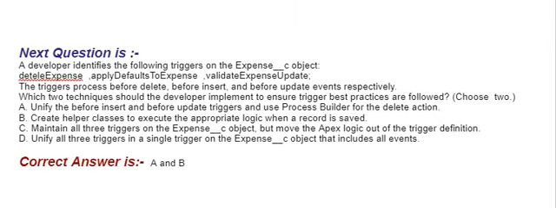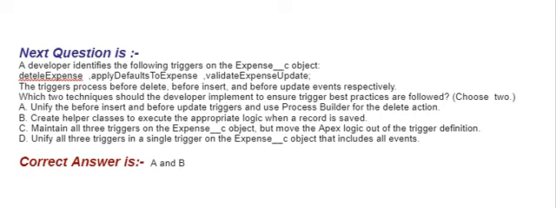Next question is, a developer identifies the following triggers on the Expense__c object: DeleteExpense, ApplyDefaultsToExpense, ValidateExpenseUpdate. The triggers process before delete, before insert and before update events respectively. Which two techniques should the developer implement to ensure trigger best practices are followed? Choose two.